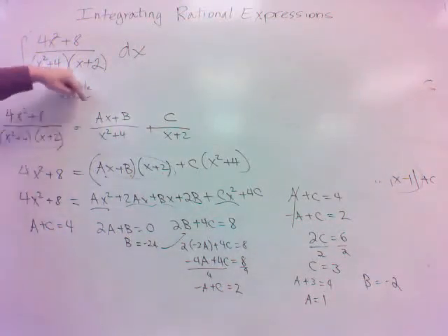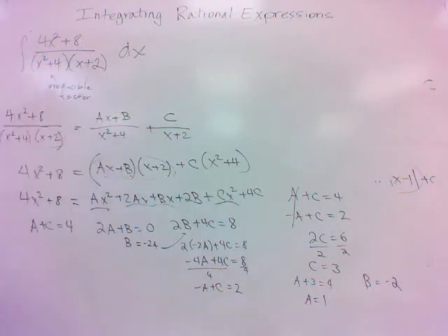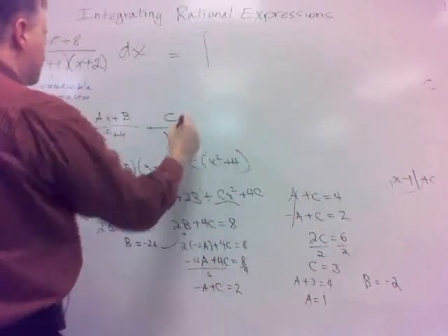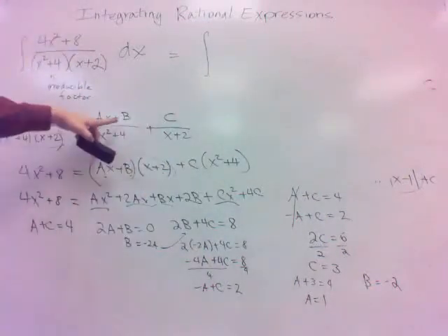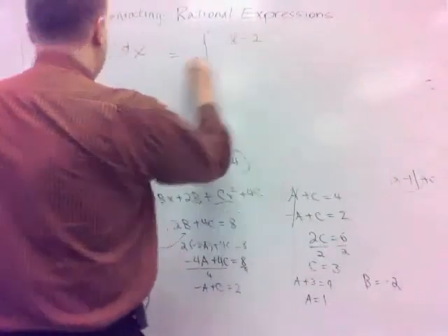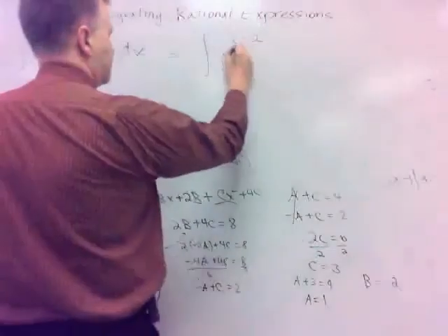So I've got A is 1, B, I know what to do. Okay, this one's going to work out. So what have we got? 1x plus B, 1x minus 2. So it'd be x minus 2 here. A is 1, B is negative 2. So that's x minus 2. With me?